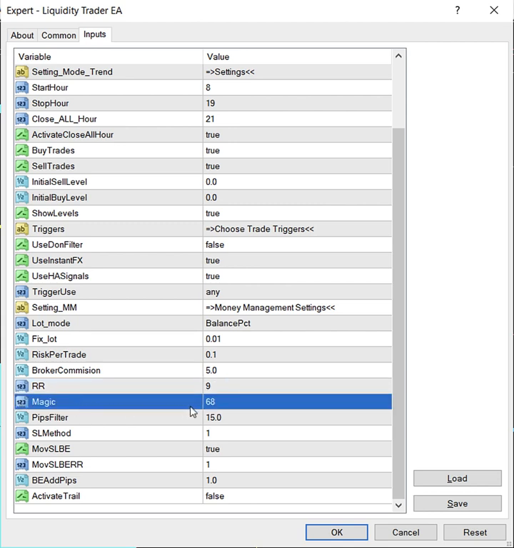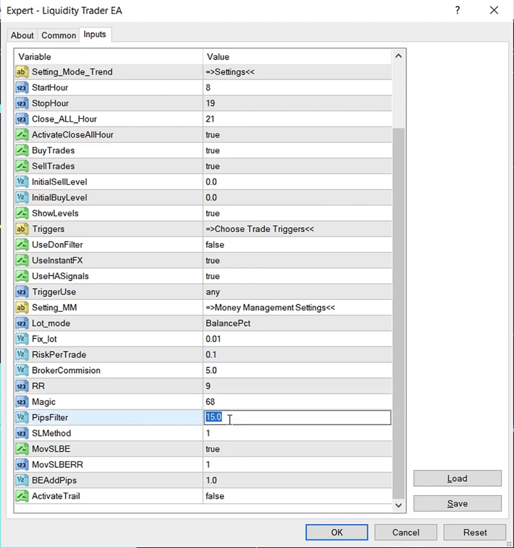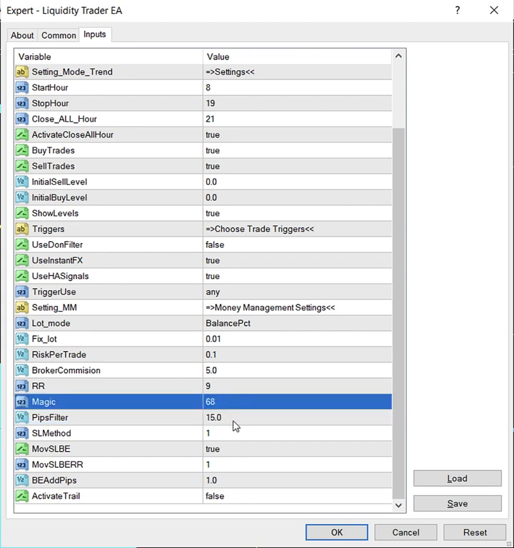Here you can choose the magic number, and here it's also a filter to see if the candle that generated the signal has more than 15 pips or something like that. Because sometimes you know that some news can produce candles which have like 40 pips or 50 pips, so it will be difficult to have an RR9 with a news candle with 50 pips. So you can choose if you want the filter here.